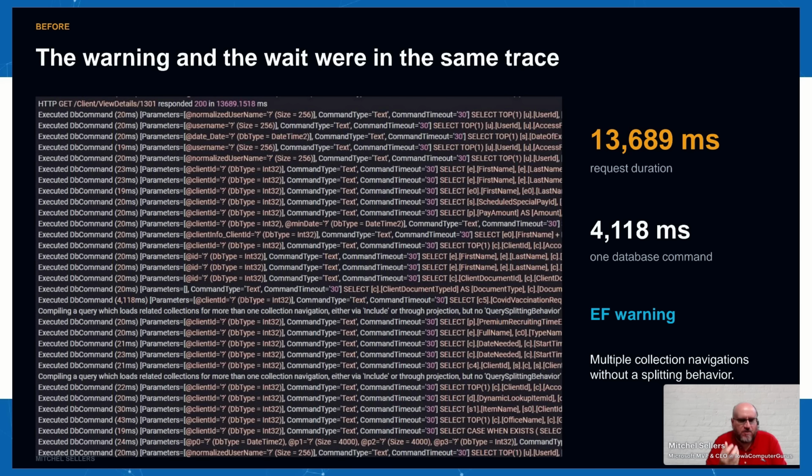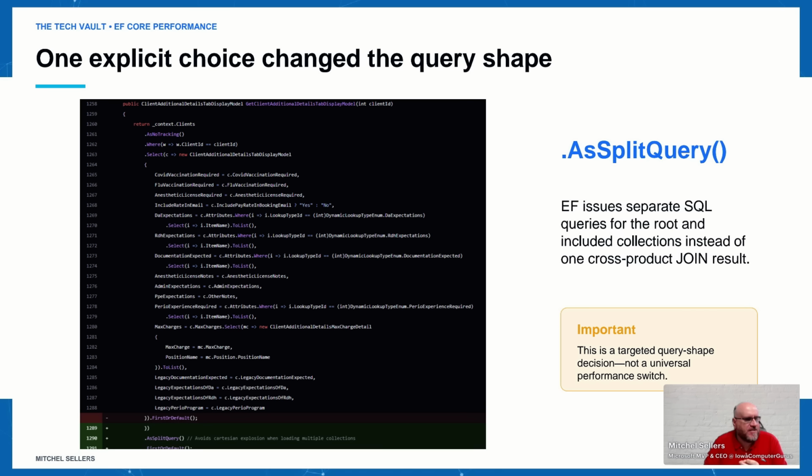But remember, a projection has the same behavior. And that's exactly what we ran into in this particular scenario. As we went to look at the query and the information that was contained within the query, it wasn't the use of an include. We have AsNoTracking, everything here was the way that we wanted it to be.